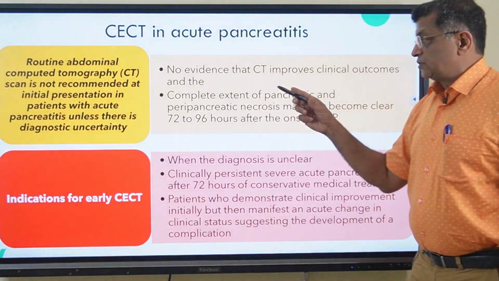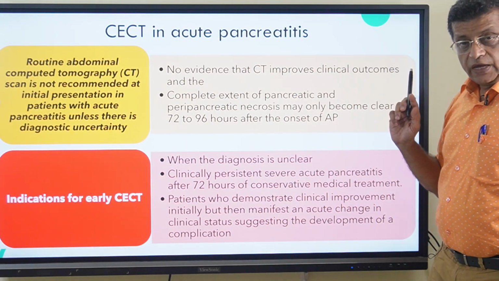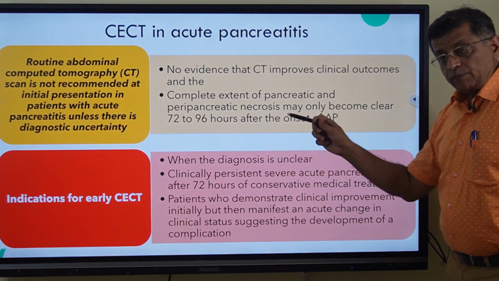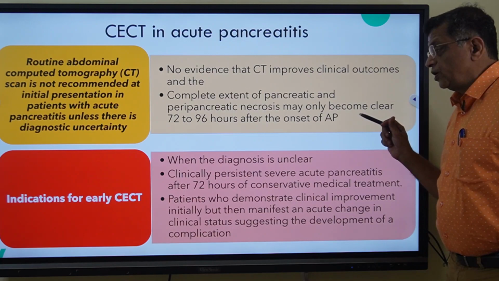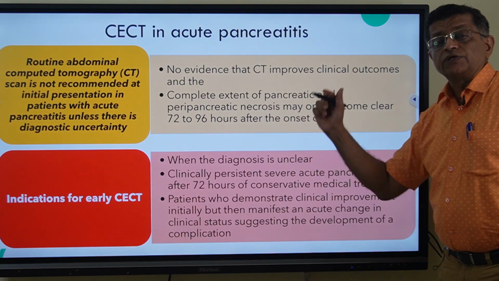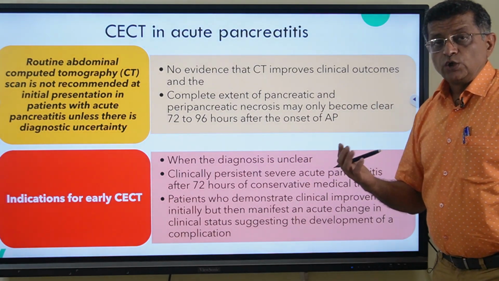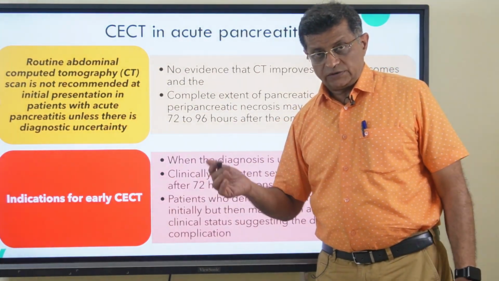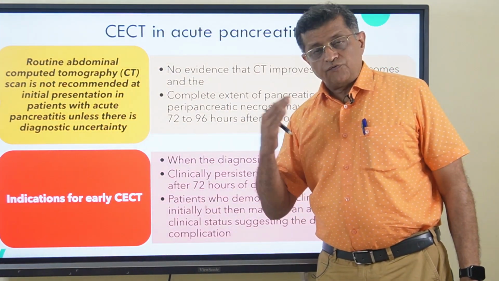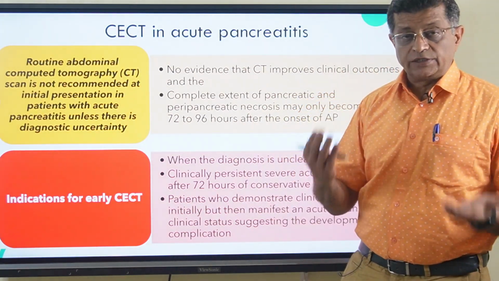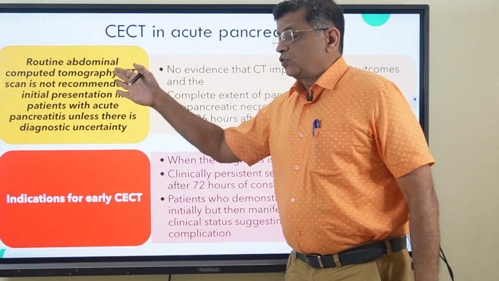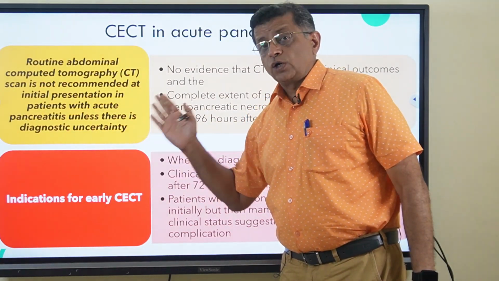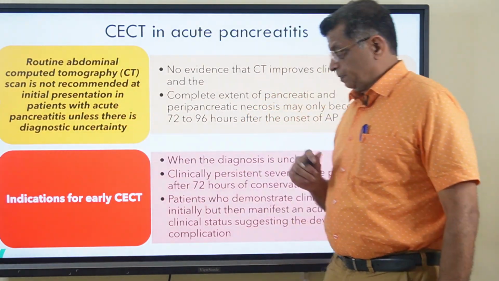Because there is no evidence that CT improves clinical outcome, and the complete extent of pancreatic and peripancreatic necrosis becomes evident only 72 to 96 hours after the initial presentation. So if you get a CT on presentation, it is going to miss all the findings. Ultimately you are forced to do a CT after 72 or 96 hours. So it is good practice to do CT after 72 hours unless you are not sure about the diagnosis.